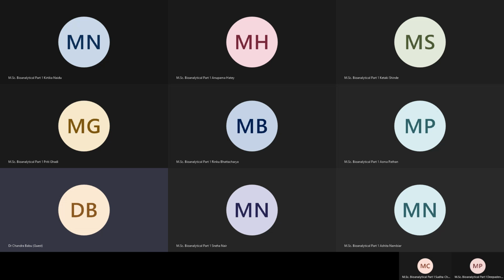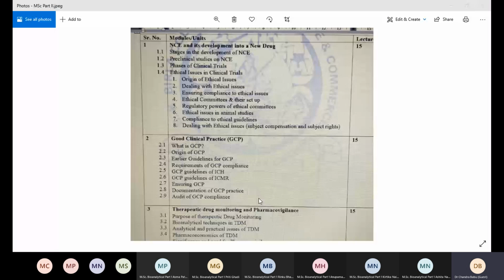I'll just show you the screen with that part, and then we will go ahead with the details. For a second, I'm sharing the screen first with the syllabi, just so that we are on the same page, guys. So you can see the syllabi there.